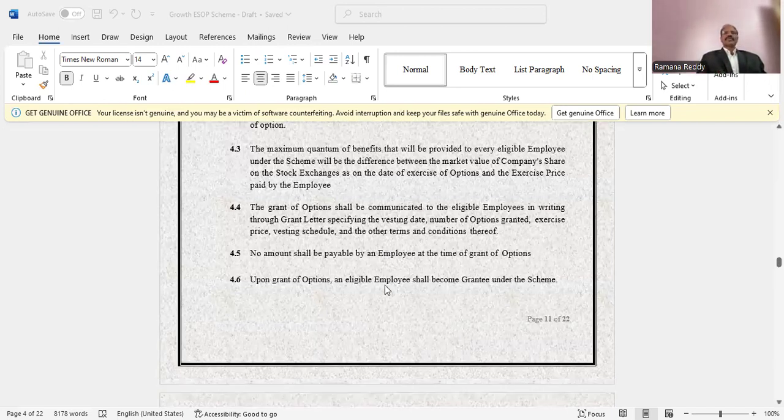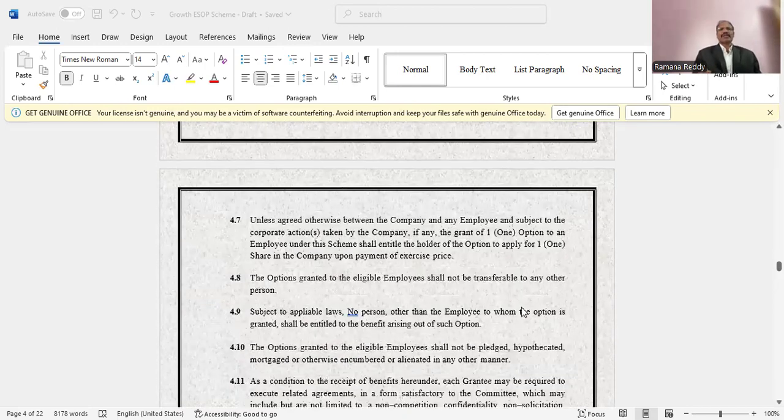No amount shall be payable by an employee at the time of grant of option. Employee need not pay any amount at the time of grant of option. Only at the time of the exercise, you will pay the amount for exercising the options. Upon grant of options, an eligible employee shall become the grantee under the scheme. Grantee is the employee who receives the grant letter.